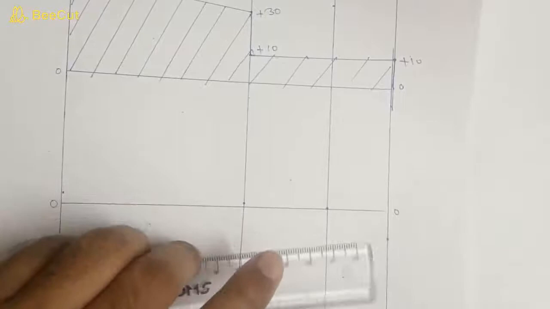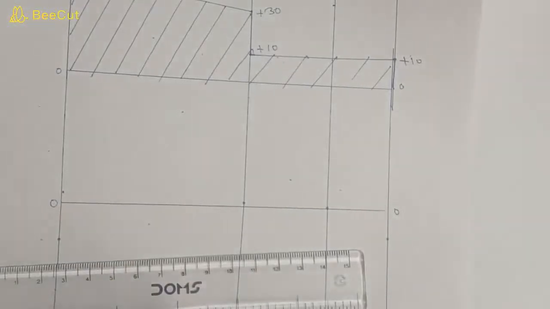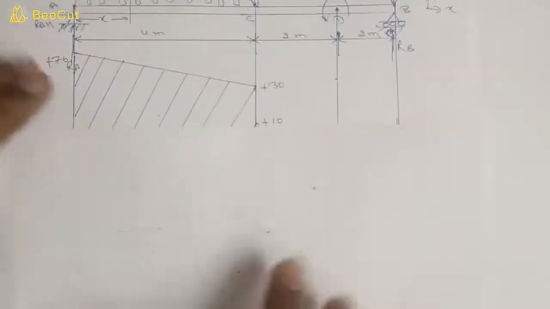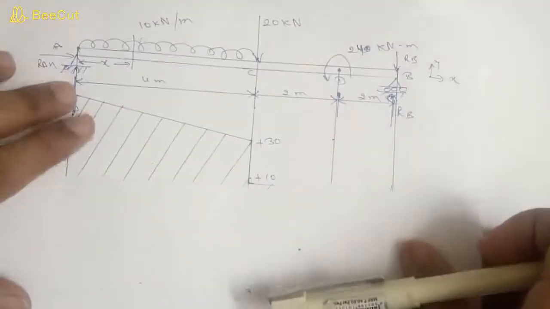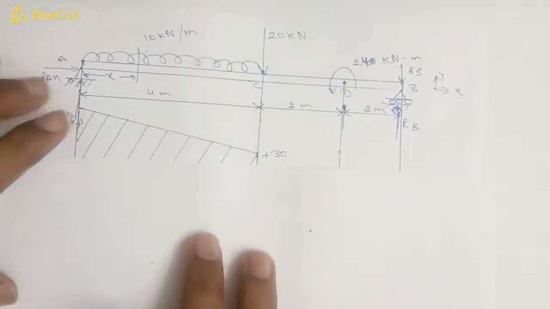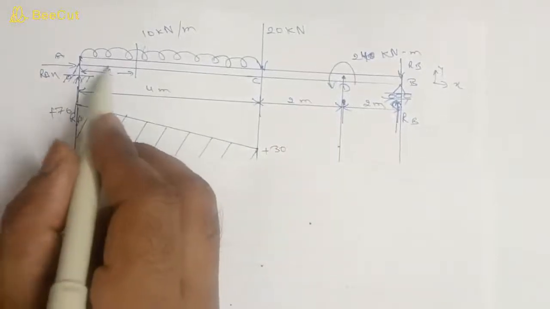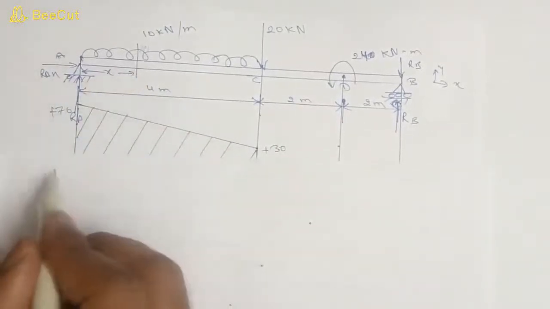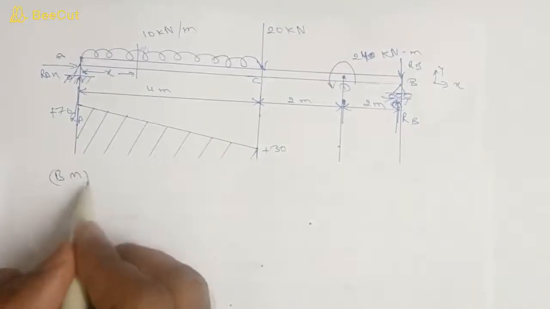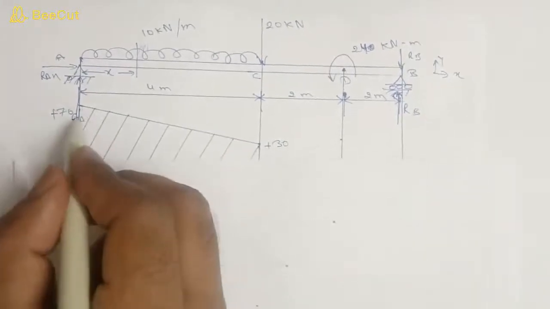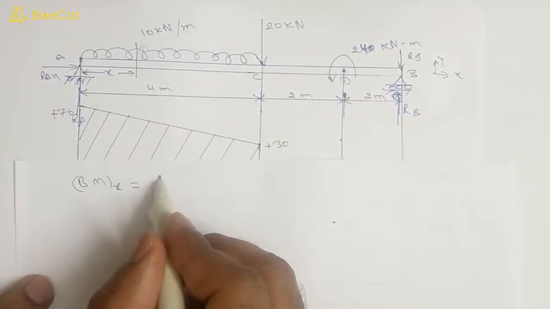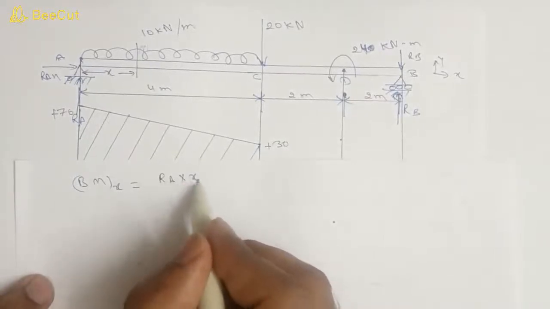Now we will calculate the bending moment at various sections. So bending moment at x distance from this point, at this section X, bending moment at x will become, this is RA, so it will become RA into x.